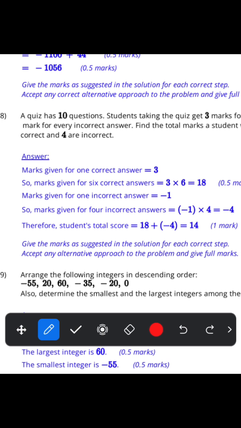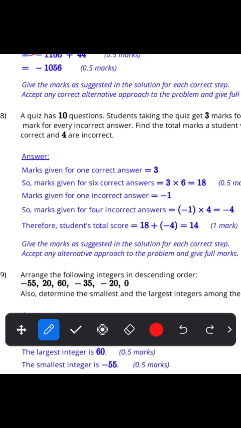By using the distributive property, we multiply 11 into minus 100. Again, we multiply 11 by 4. We solve the bracket. 11 into minus 100, and next is 4 into 11.